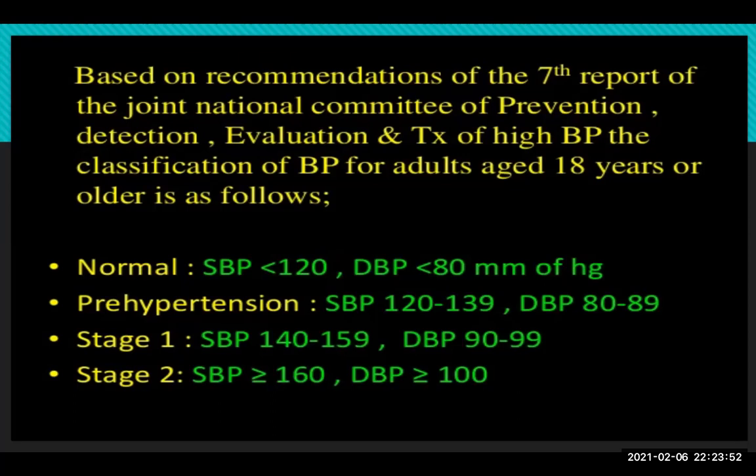Pre-hypertension, when the systolic blood pressure is from 120 to 139 and diastolic from 80 to 89. Stage 1 hypertension, when the systolic blood pressure is 140 to 159 and diastolic from 90 to 99. Stage 2 hypertension, with systolic more than or equal to 160 and diastolic more than or equal to 100.